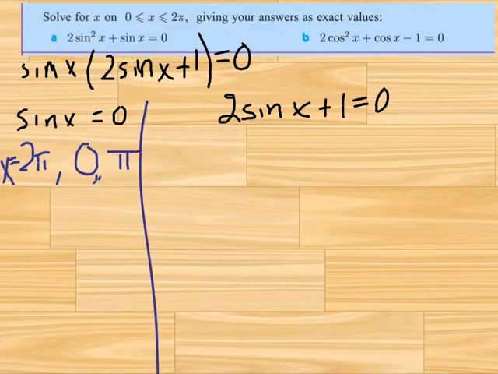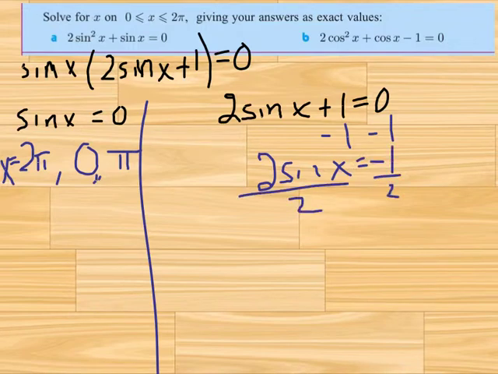Now we look at the second one. And we need to get sine of x alone. Divide by 2. Sine x equals negative 1/2. So where does sine x equal negative 1/2?